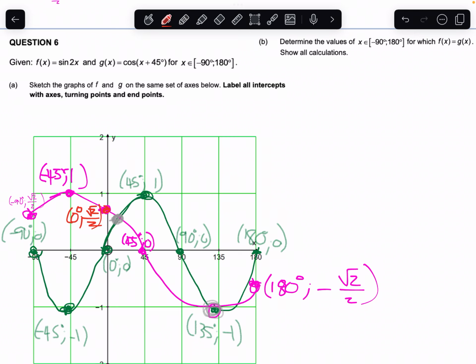So we are solving the equation sine of 2x is equal to cos of x plus 45.